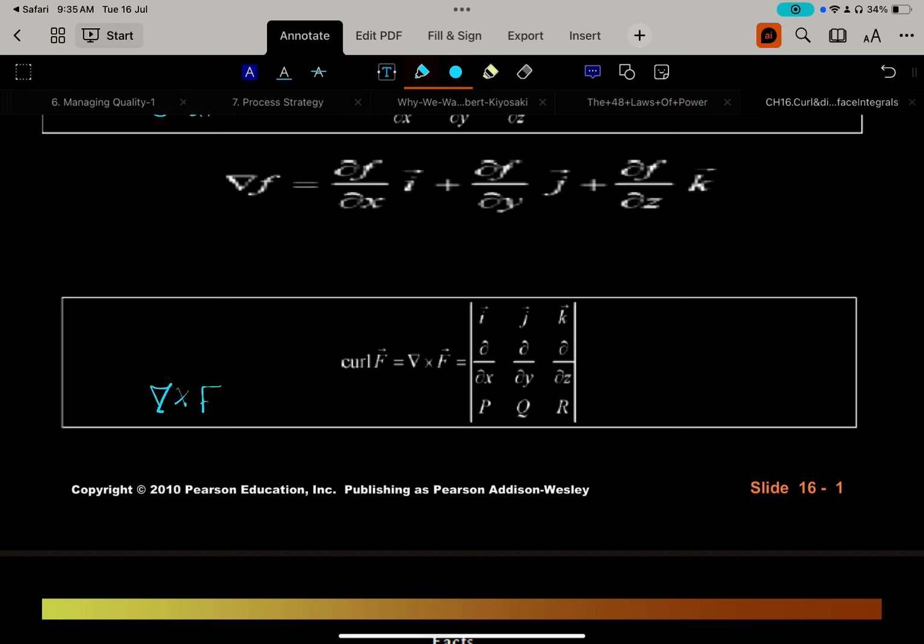And so this is basically the cross product.